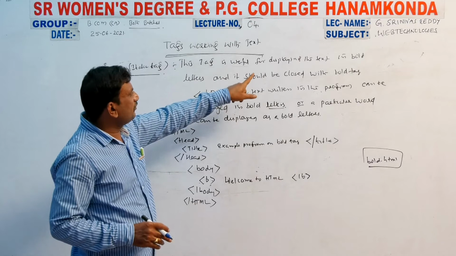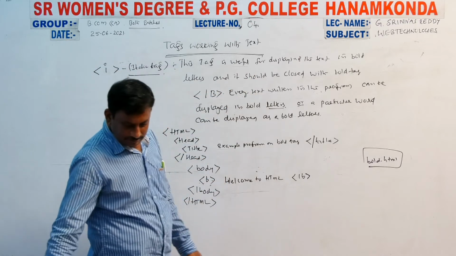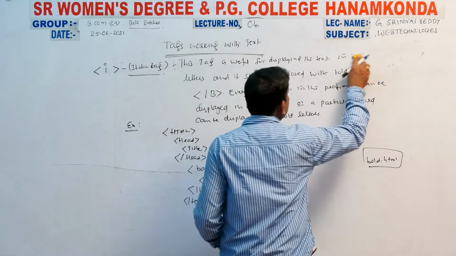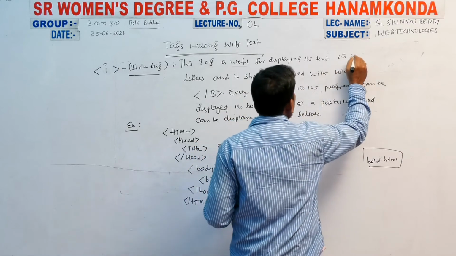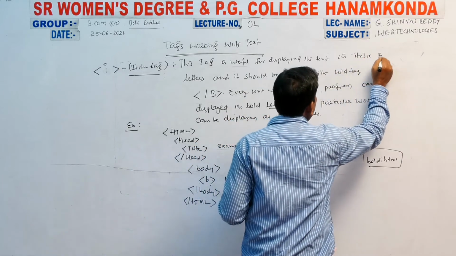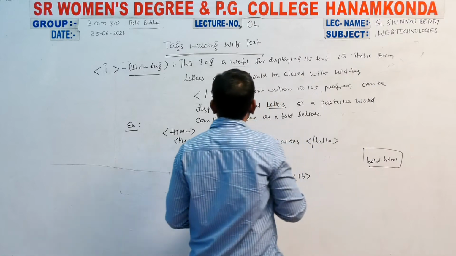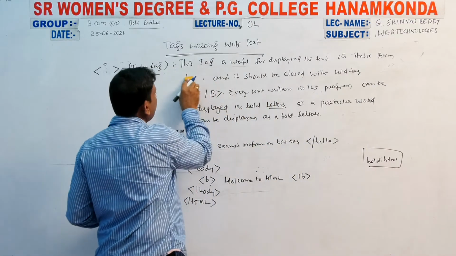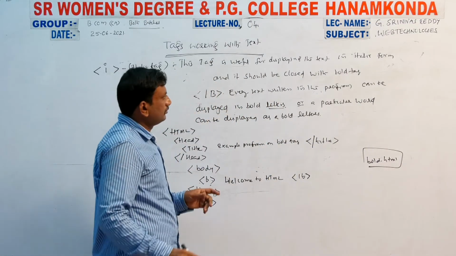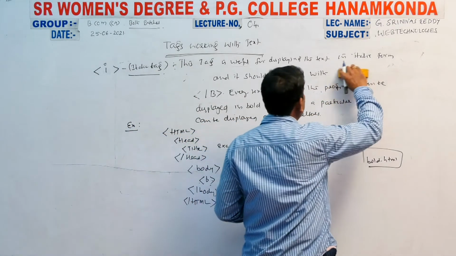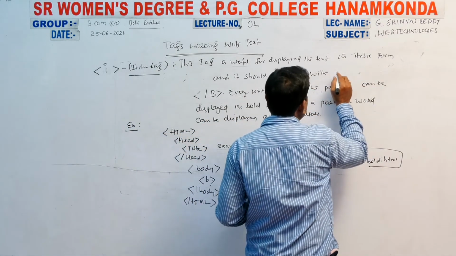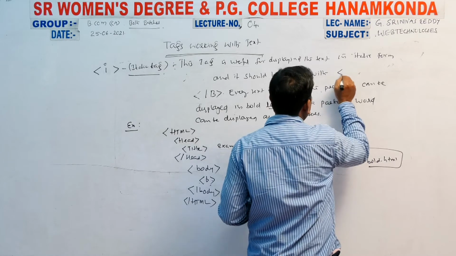This tag is useful to display the text in italic form and should be closed with the italic closing tag, /I.